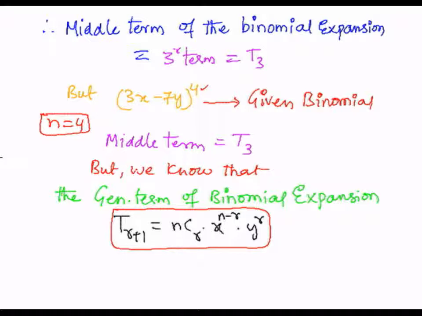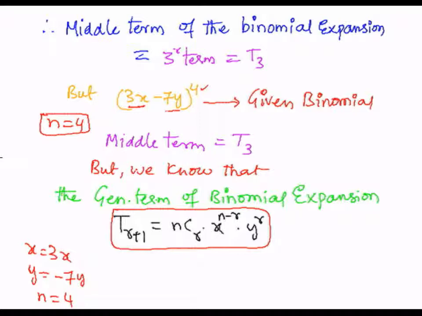As per the binomial expansion, we are going to suppose x as the first term, that is 3x, and y as minus 7y, and the n value is 4.